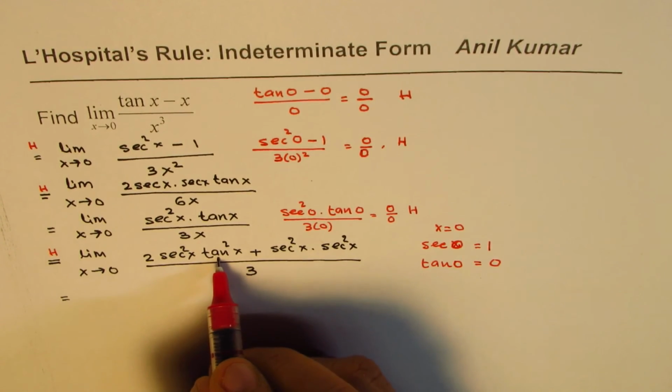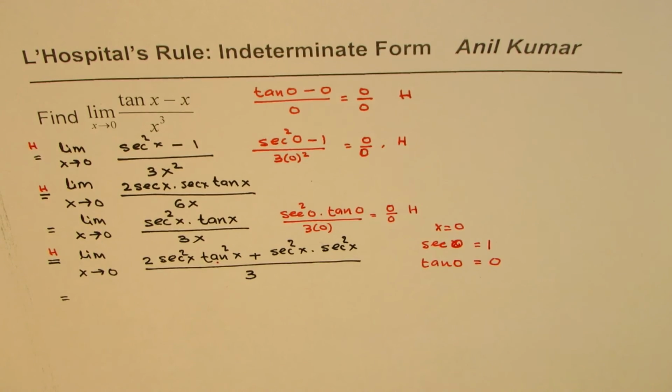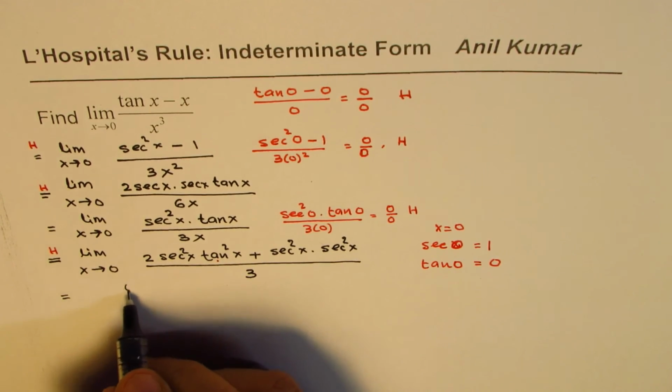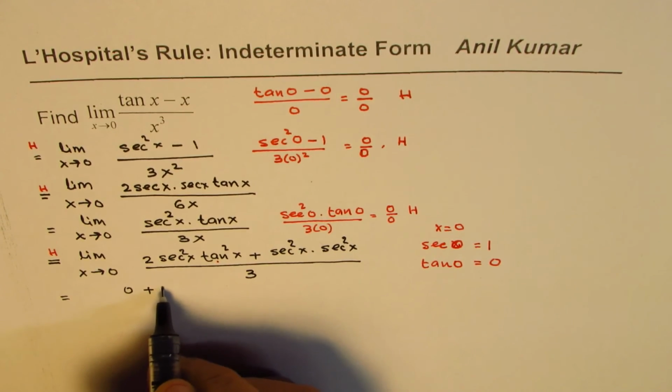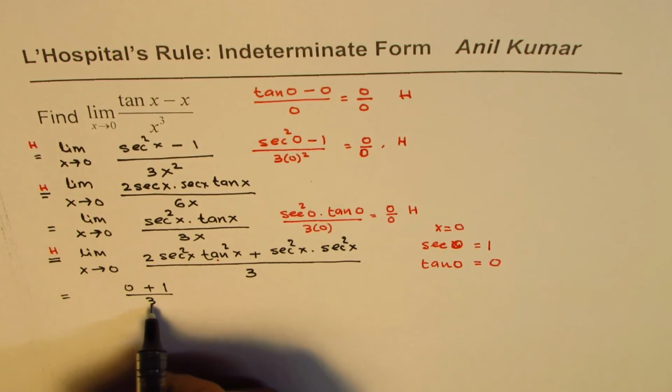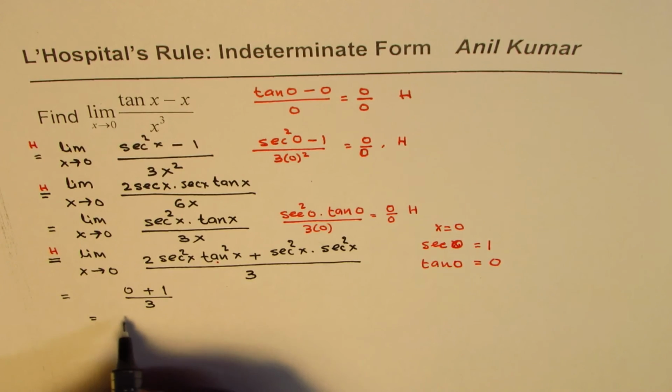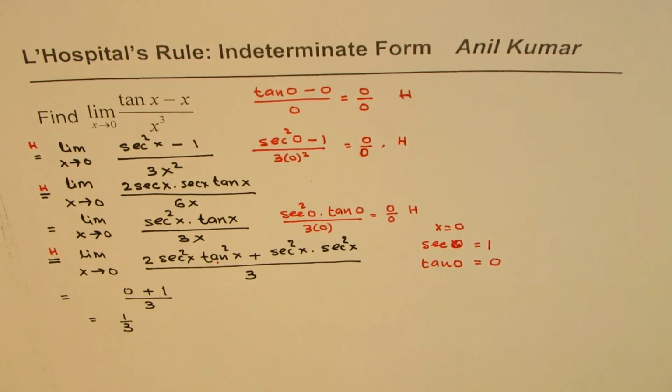So that means this is 0, right? So we have 0 here. So what do we get here? We get 0 plus 1 times 1, over 3. And so we get 1 over 3 as our answer for the given question, right?